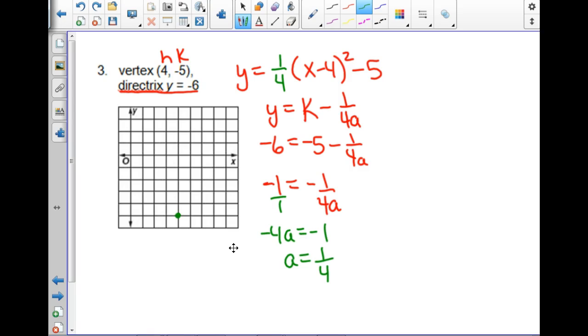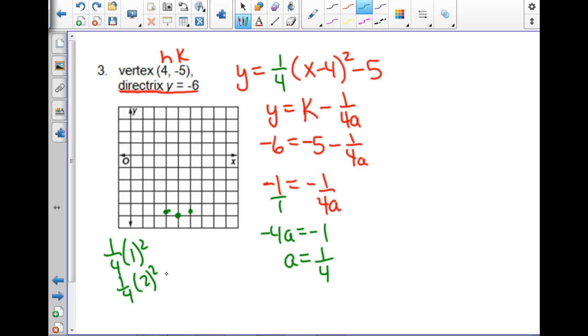All right, I'm going to do the 1 squared, 2 squared method again, but I have a 1/4 a value. So I have to do 1/4 of 1 squared. That's not a great point, but I would get a 1/4, so I'd only go up 1/4 and over 1. If I did 1/4 of 2 squared, that's 1/4 of 4.